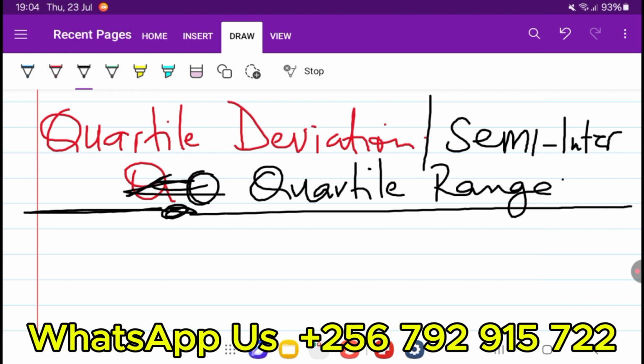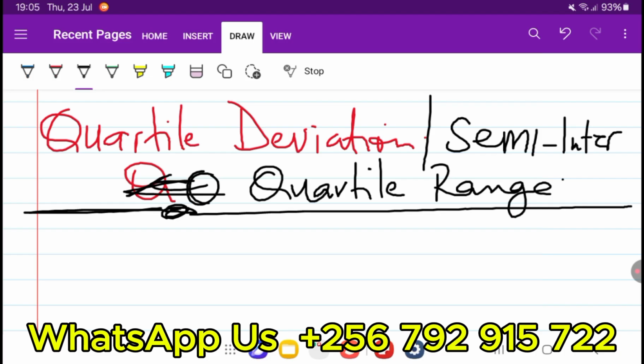just know that the quartile deviation tells us how spread the data is of the middle point of the data set.